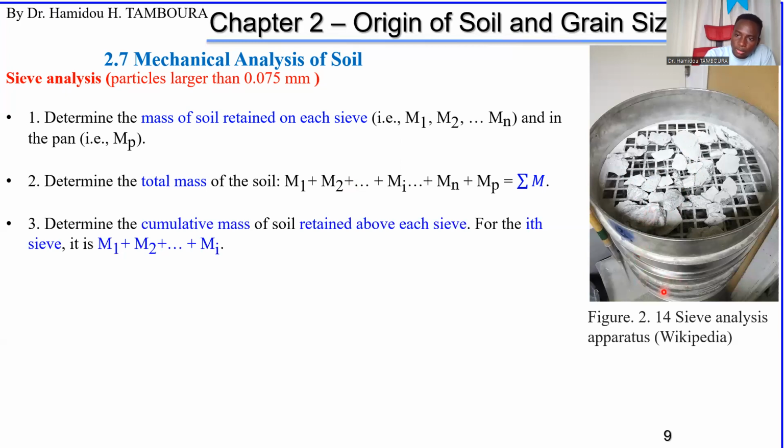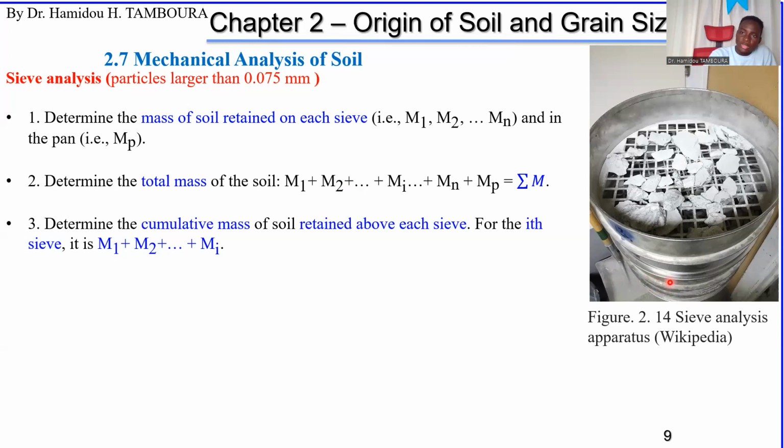But if we take, for example, one sieve in the middle of the stack, it means that all the sieves above it retain soil particles that cannot go through the middle one.